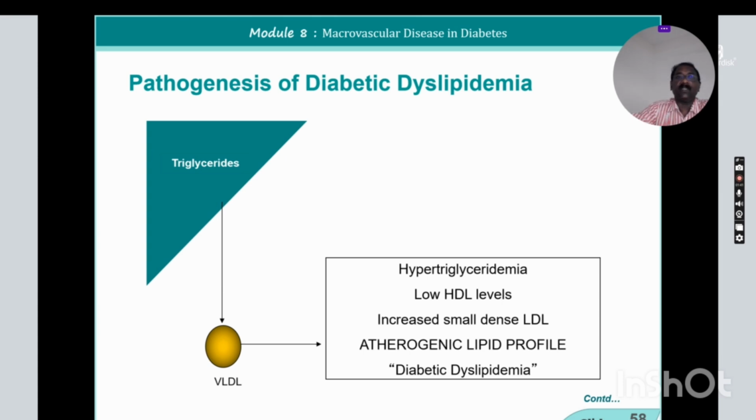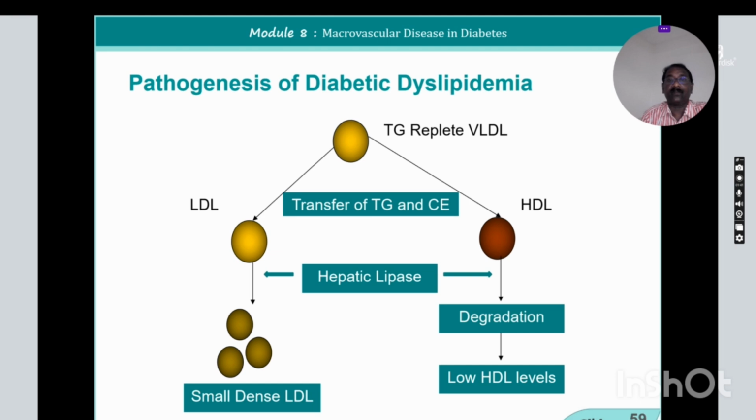See, this is the pathogenesis of diabetic dyslipidemia. Triglycerides in the liver form VLDL. So there are hypertriglyceridemia, low HDL levels, increased small dense LDL, a heterogeneous lipid profile, or diabetic dyslipidemia. See, the TG replaces the cholesterol in VLDL, with transfer of TG and cholesterol ester.